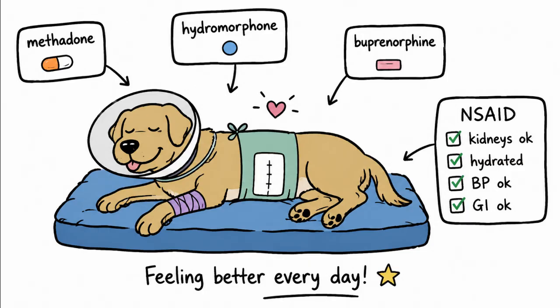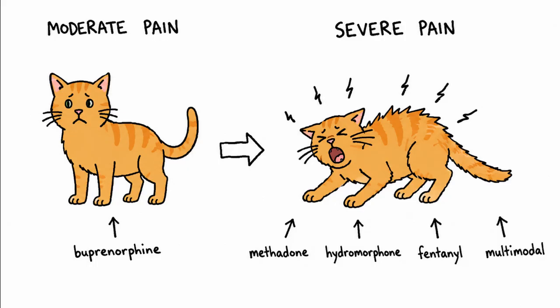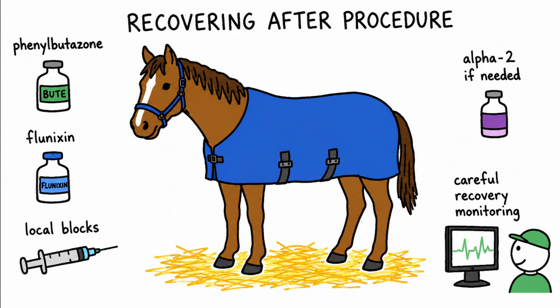Dogs commonly recover with an opiate such as methadone, hydromorphone, or buprenorphine depending on pain level, plus an NSAID if renal function, hydration, blood pressure, and GI status allow it. Cats often do well with buprenorphine for moderate pain, but severe pain may need methadone, hydromorphone, fentanyl, or additional multimodal analgesia.